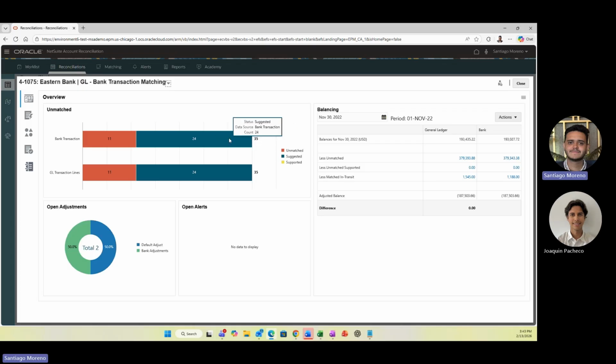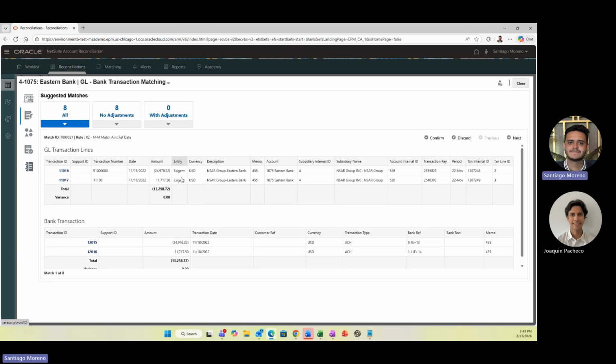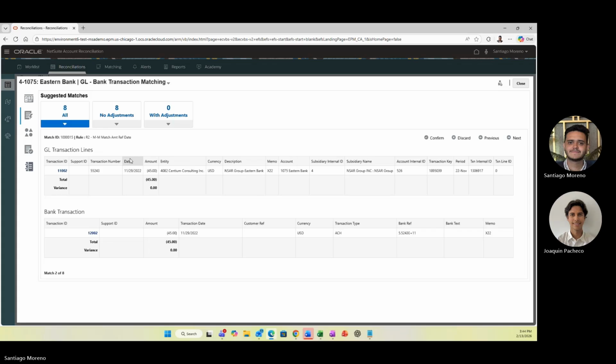The system on those suggested matches will already give you the comparison between the two sides, as you can see here. The GL transaction lines are the transactions coming from NetSuite, and the bank transaction side is what you have on a bank statement.